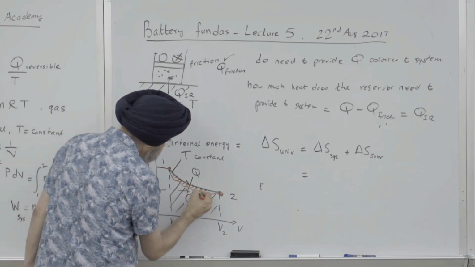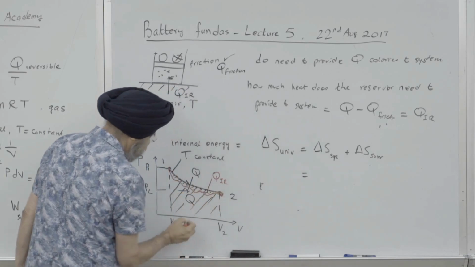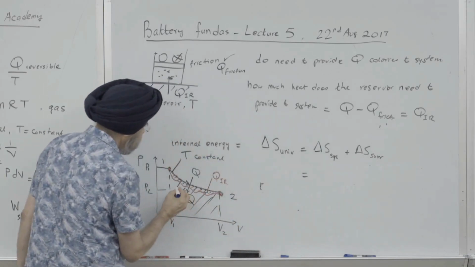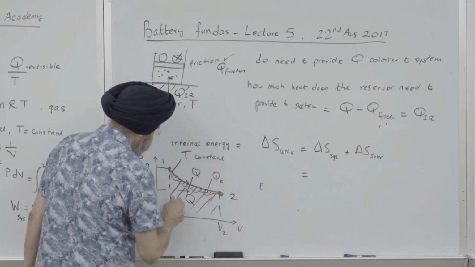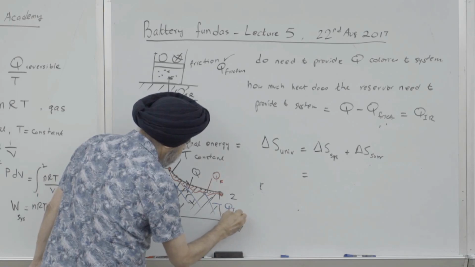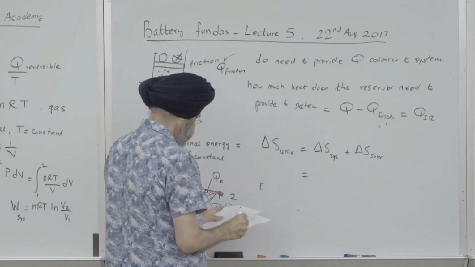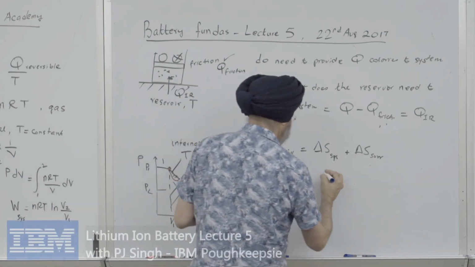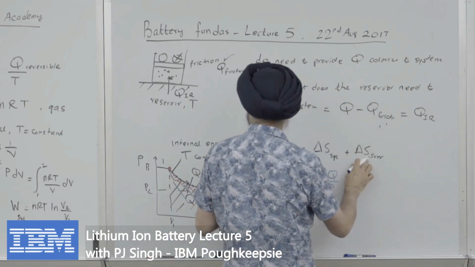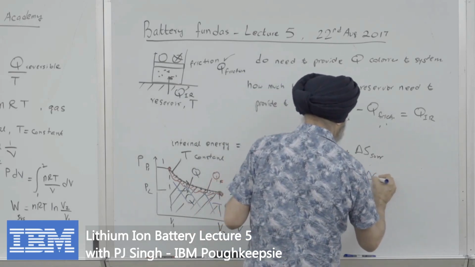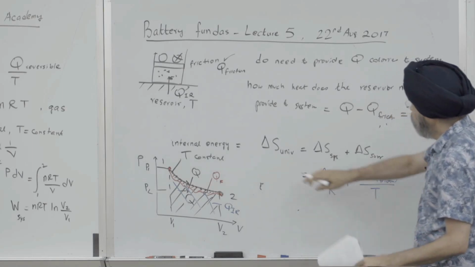So this dotted part is Q friction, and this other portion is Q IR, but the sum is the same as Q. So the entropy change of the universe is delta Q over T, the total heat the system needs, minus delta Q friction over T.